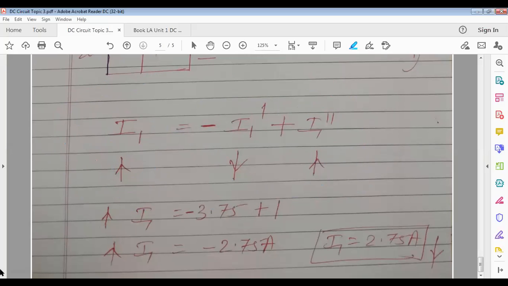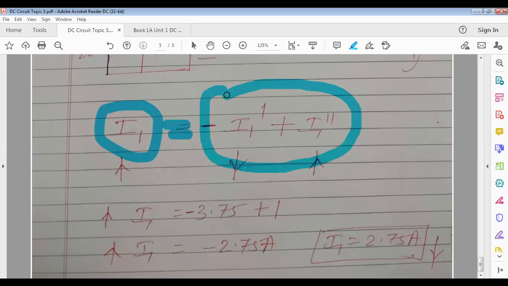According to the superposition theorem, the current flowing through the load resistance when all the sources are there in the circuit is equal to the algebraic sum of all currents flowing through the load resistance considering a single source at a time and making the rest of the sources inoperative.